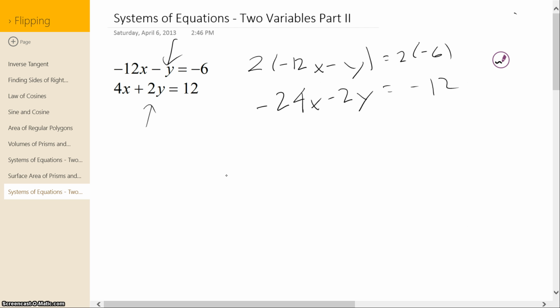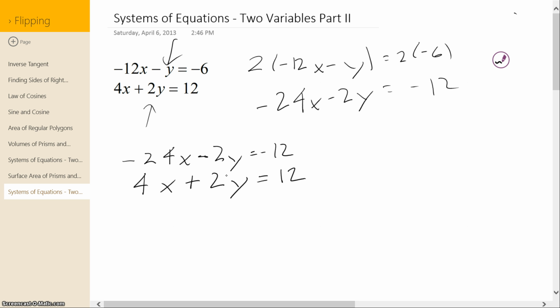We're going to combine that with our bottom equation. So negative 24x minus 2y equals negative 12, put that one on top. On the bottom, I've got 4x plus 2y equals 12.